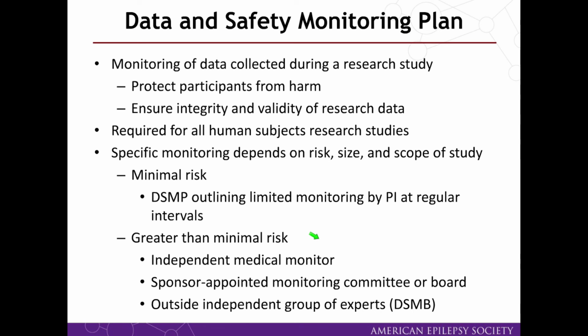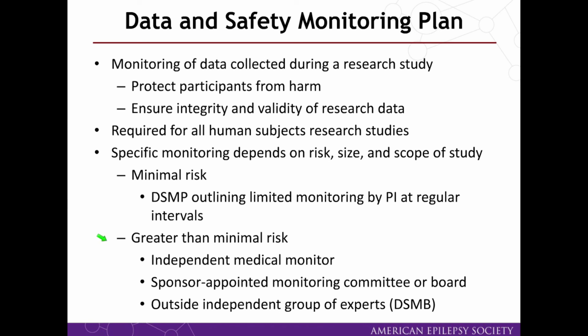And this is required for all human subjects research studies, but the specific type of monitoring depends on the risk to subjects, the size of the study, and the scope of your study. So for minimal risk, usually the principal investigator just needs to review the study and the data quality and safety at regular intervals and report any problems to the IRB.